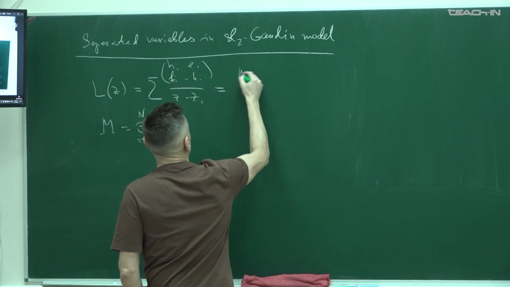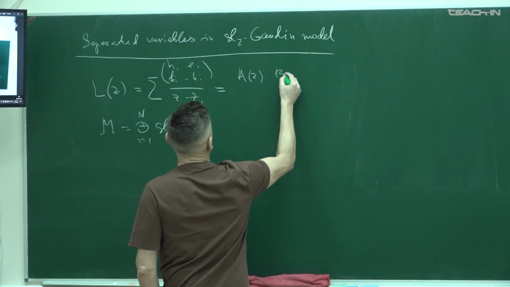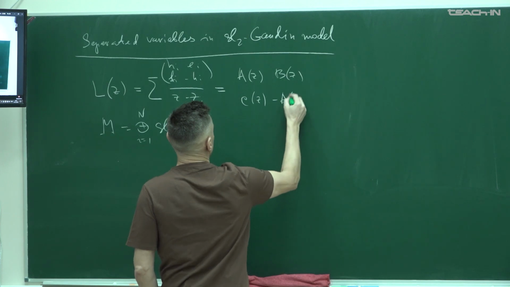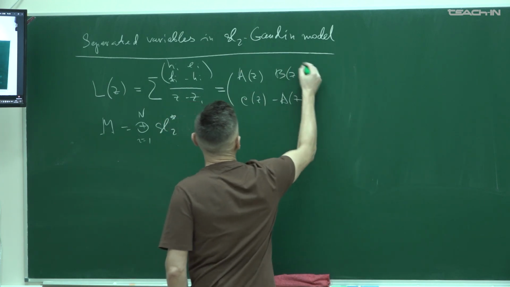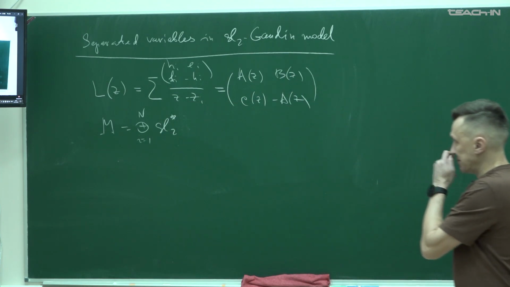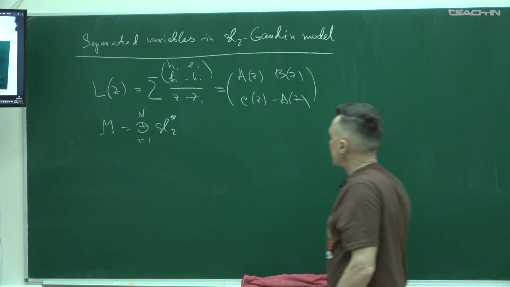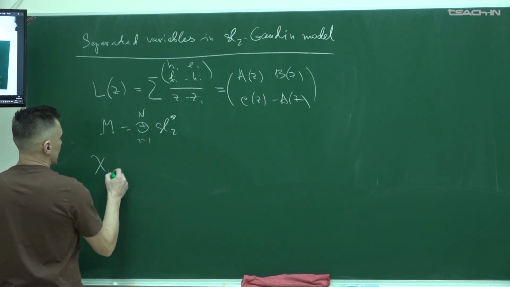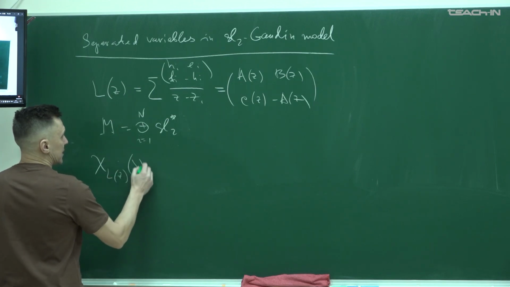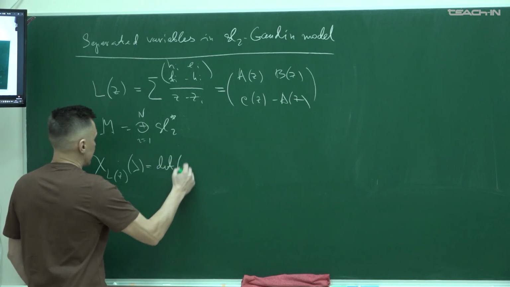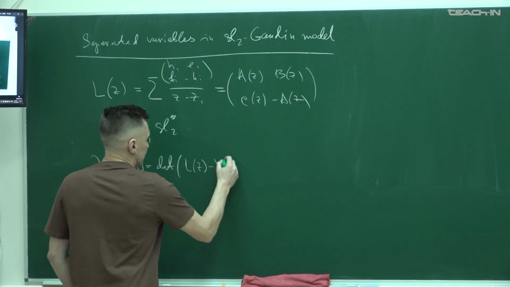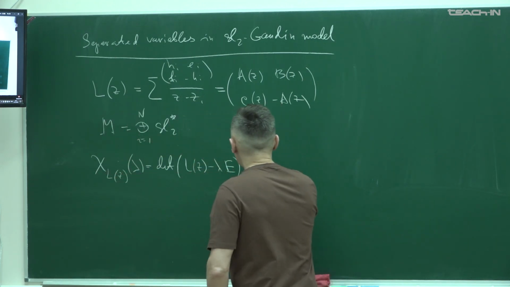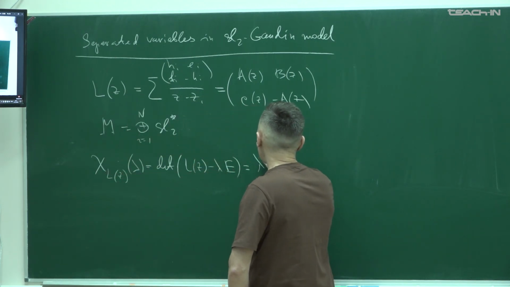So we introduced notations A, B, C of Z and minus A of Z. It is traceless. And its characteristic polynomial P of Z and lambda, which is the determinant of L of Z minus lambda times the identity matrix, is quite simple in this case. So it is lambda square.